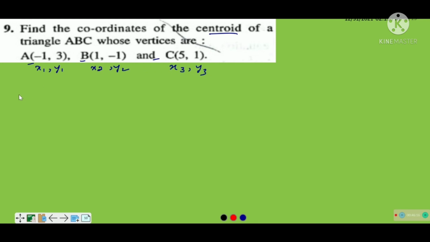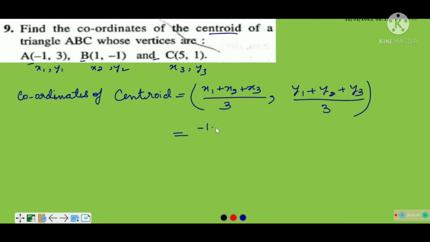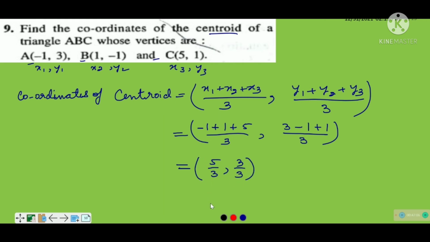Coordinates of the centroid: x1 is minus 1, x2 is 1, x3 is 5, y1 is 3, y2 is minus 1 and y3 is 1. The coordinates of the centroid are 5 upon 3 comma 1.